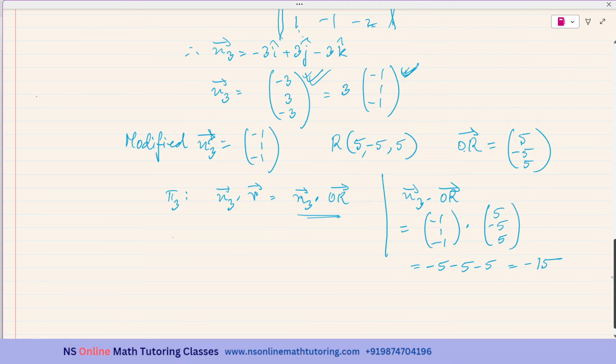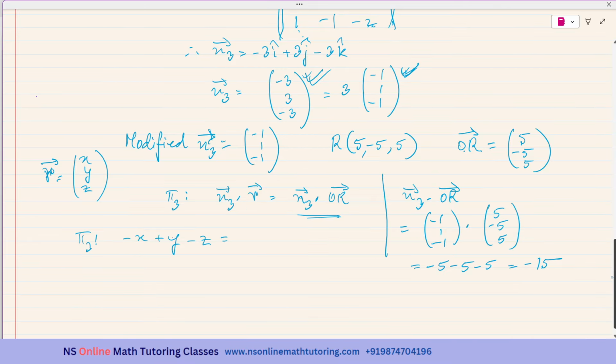Okay. So now pi 3 is equal to n3 dot r. So r is the position vector of any point on pi 3. So it is negative 1 times x is negative x, plus 1 times y is y, plus negative 1 times z is negative z.